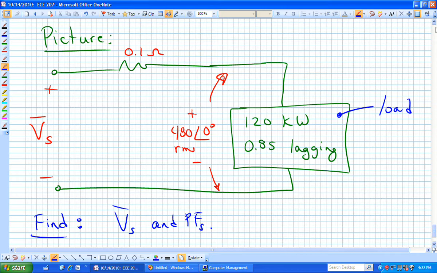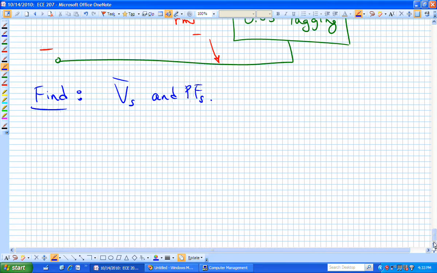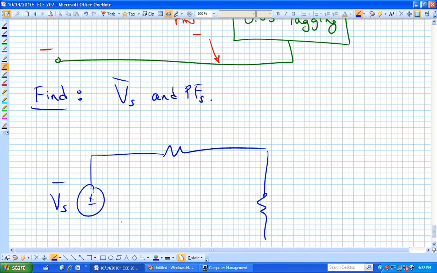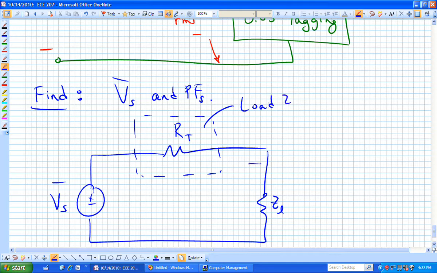Does this look like a mesh problem? Are you starting to see maybe that this is, oh, here's my source, here's a resistor, and here's basically a complex resistor, let's say Z sub L, here's R sub line or transmission line. So here is a load. We could say this is load 2.